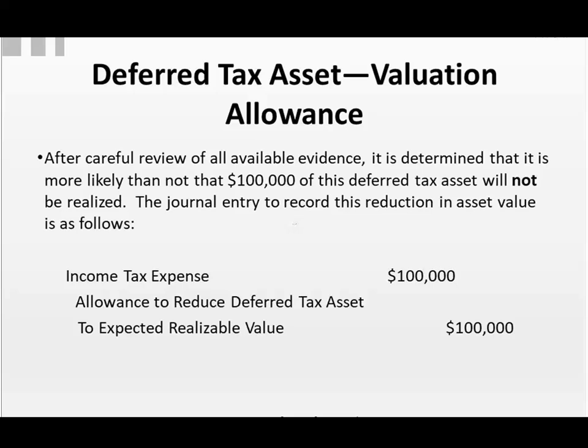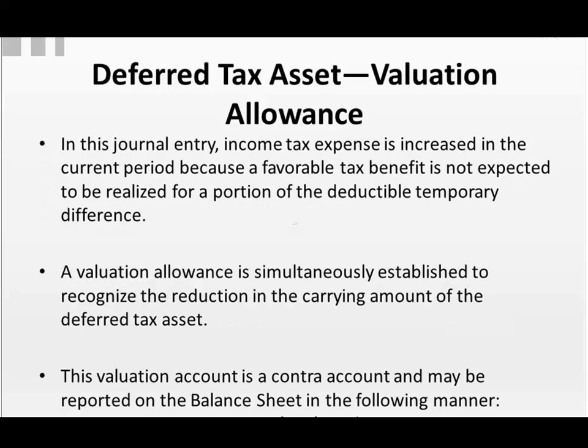So you have to make a journal entry that says debit more income tax expense for $100,000 and credit a valuation allowance. And you might call it allowance to reduce deferred tax asset to expected realizable value, $100,000. So in this particular journal entry, the income tax expense is increased in the current period because a favorable tax benefit is not expected to be realized for a portion of that deductible temporary difference.